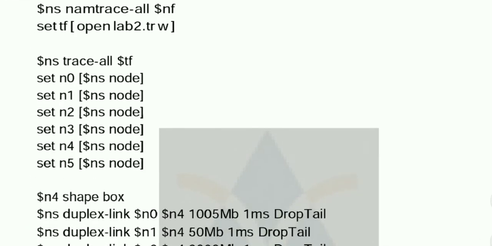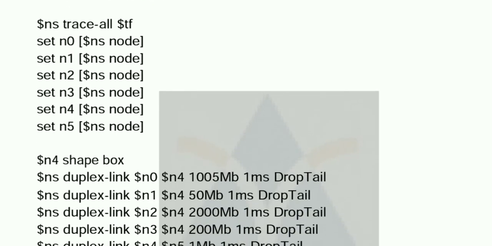We have node 0, node 1, node 2, node 3, node 4 and node 5. We said that node 4 is in the center. That is what is indicated in this statement, $n4 shape box. So we are placing that node in the center. To have that node in the center is where we are using that statement.